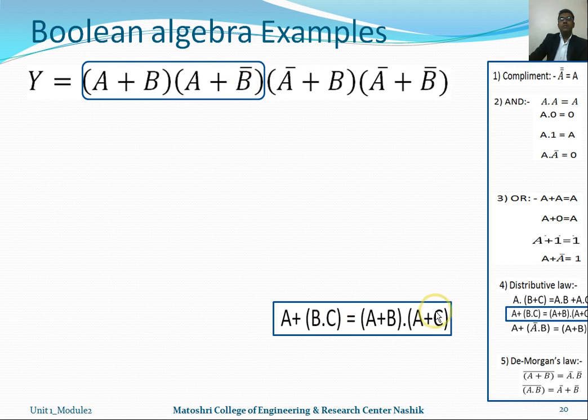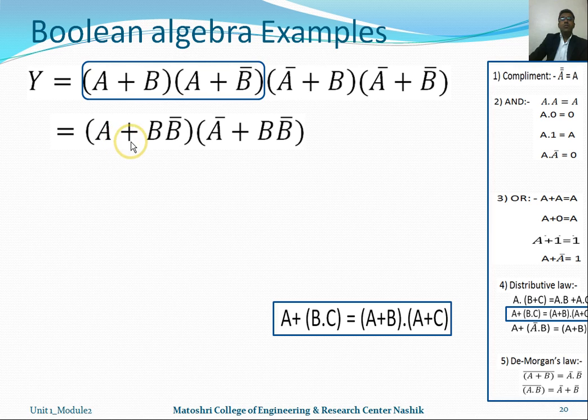If C is replaced by B bar in the rule, then we get the output A ORing with B bar. A is the same, and B and B bar perform the AND operation, with A common here.